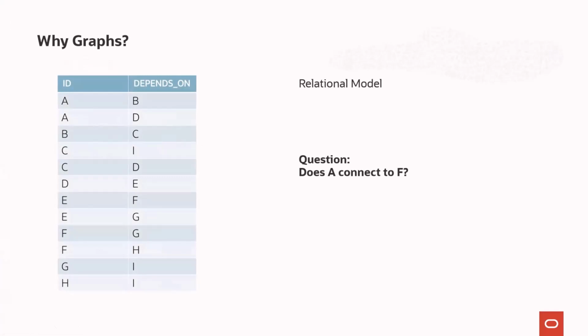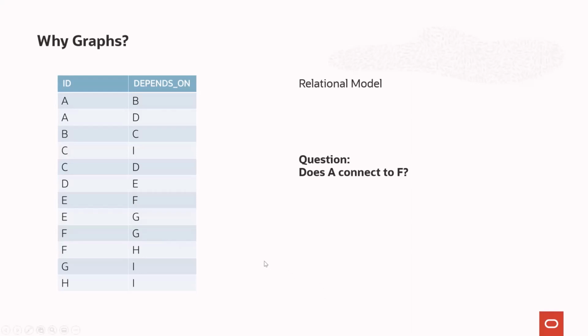A, B, C, D, E, F, and so on are the entities. The connections between these data entities is captured in the depends on column. So by checking out the first row, we can see in the depends on column that A depends on B, likewise that B depends on C, and so on. But when we want to ask the question, does A connect to F?